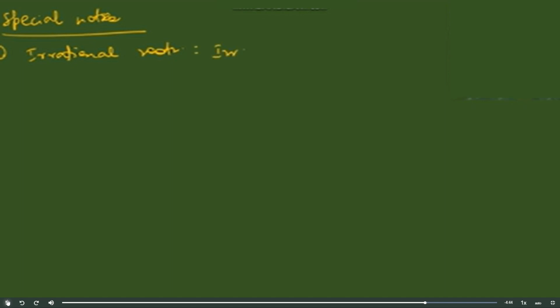Now let's make note of a few special notes. The first one is about irrational roots. Irrational roots occur in pairs.